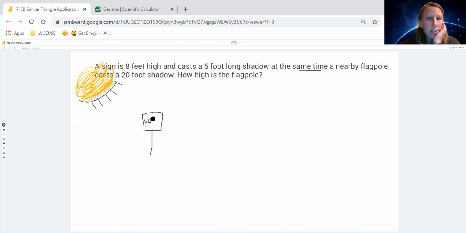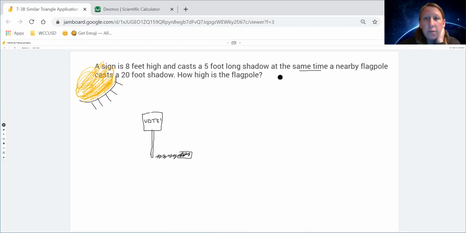VOTE, a really tall sign, taller than a person. Okay, and we know that that sign is 8 feet tall. And the sun is shining over here, and we can see the shadow of the sign. And the shadow of the sign is 5 feet long.